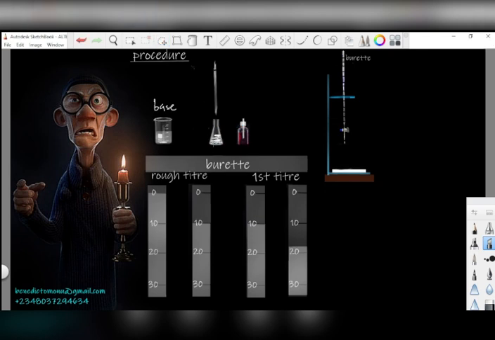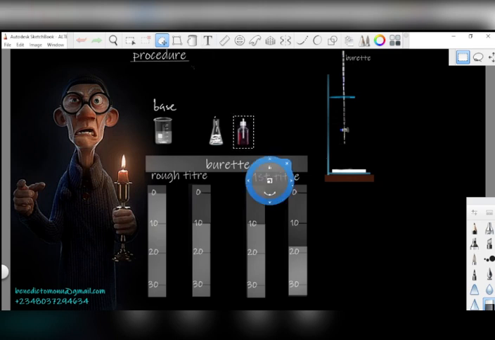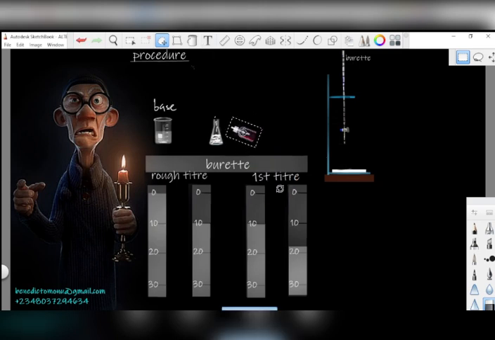So my base has been collected and dropped here, all of it, in the conical flask. Then I'm done with the pipette for now. Next, I'm going to take up my indicator and add drops of indicator to the base.